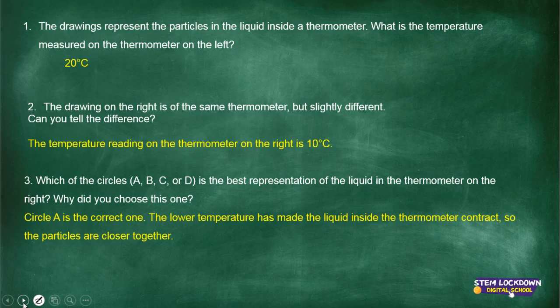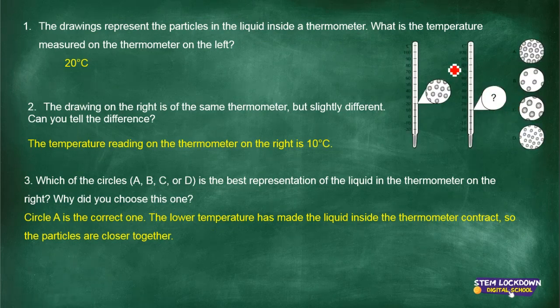So in the thermometer that had 10 degrees, the picture where the particles were closer together is the correct picture, because it contracted because of the lower temperature. I should have put this first before.